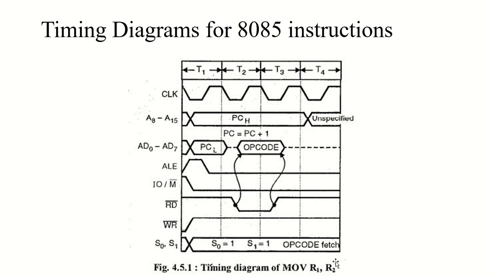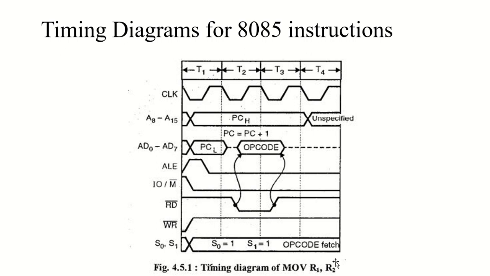There is no exchange of content with memory here. It's an exchange of content between two registers. Simple enough. So only the opcode fetch machine cycle is required to fetch and execute this instruction. When you have a 1 byte instruction, generally only one cycle is required.